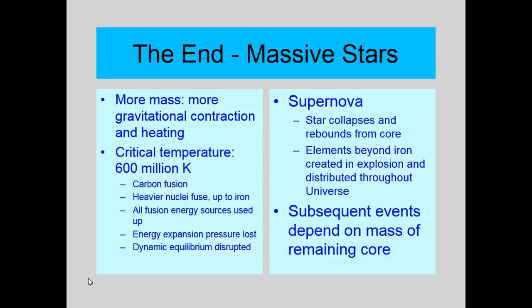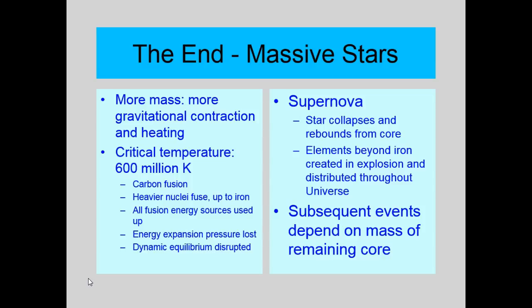And this is leading to the supernova. The star collapses on itself with such force and such vigor and so much energy that it rebounds from the core. I mean, it's sort of like throwing a basketball really hard against the wall and it bouncing off really hard. Rebounding from the core, and the elements beyond iron are created in the explosion that happens.